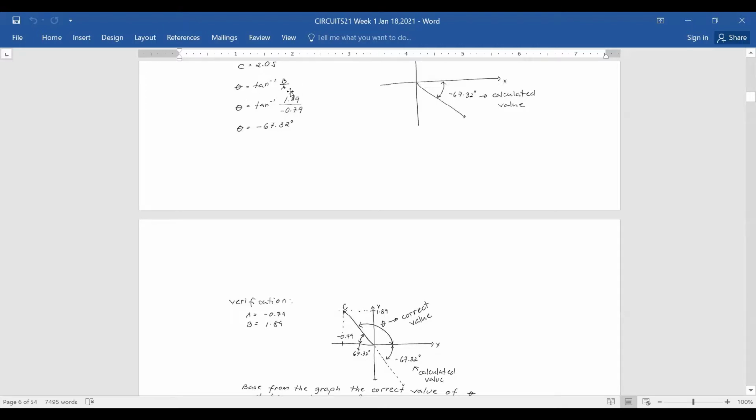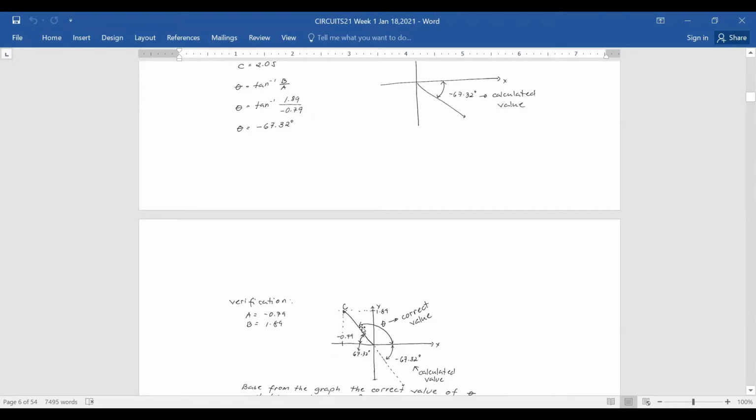We cannot simply rely on this formula by substituting the given values as well as the sign of our sinusoids. For us to check if this angle is correct, we have to use this graphical representation.